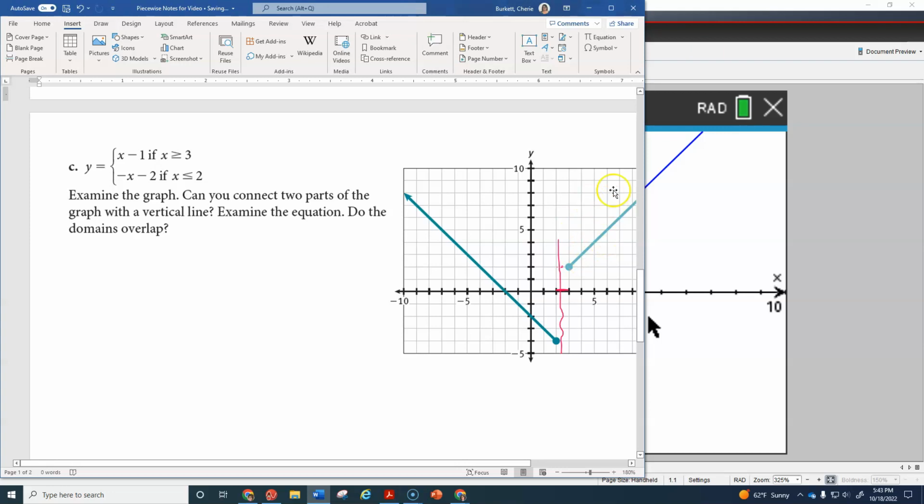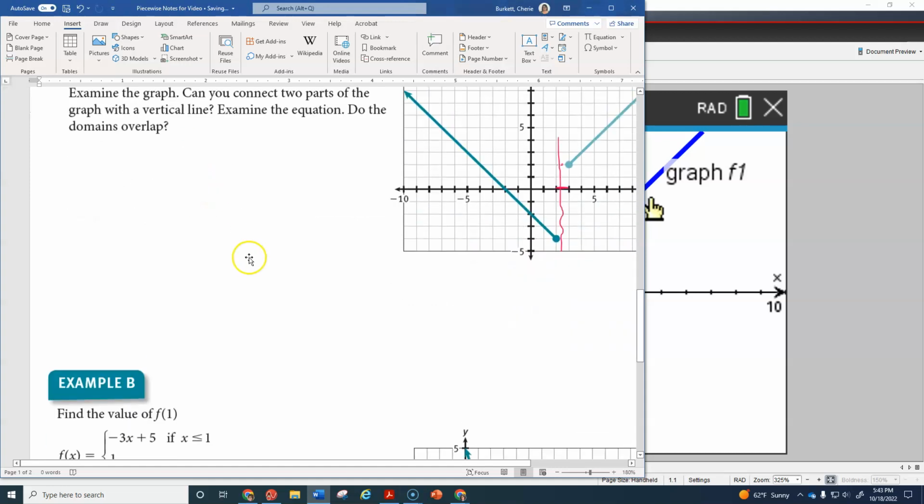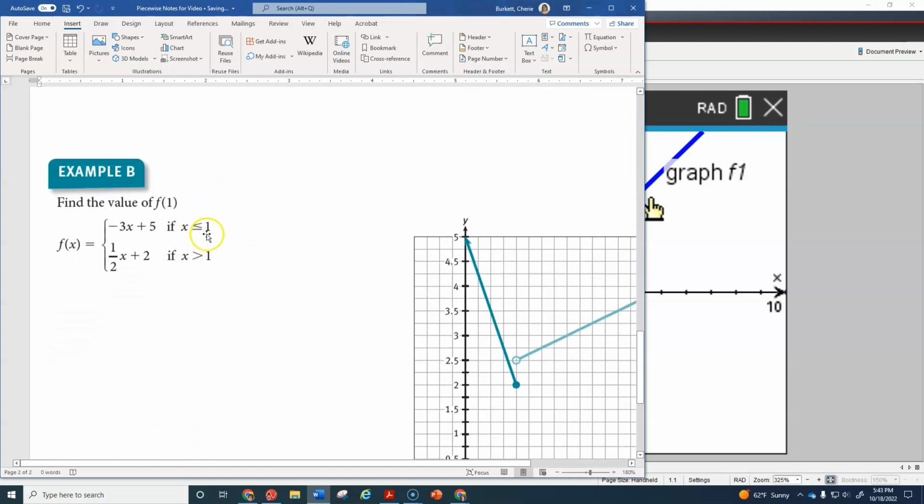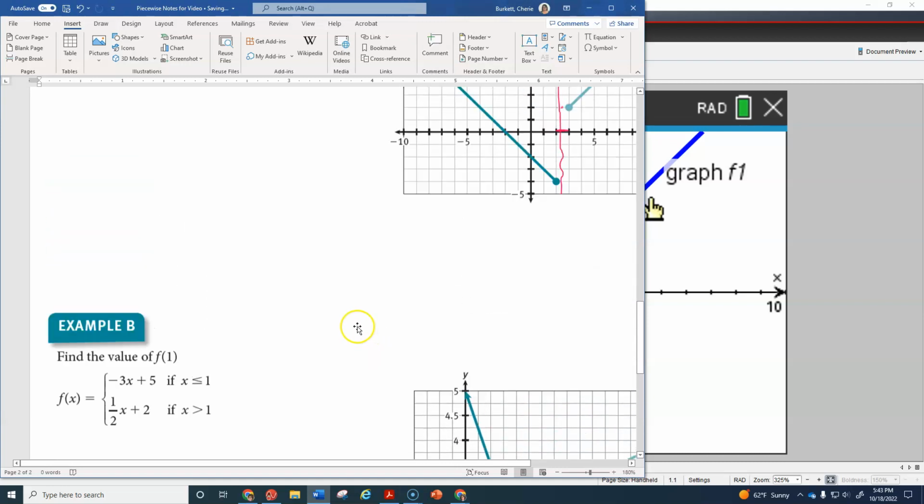All of the vertical lines over here are only going to intersect that branch. So this one is a function, even though it doesn't have the same number right there. But like I said, most of the time they do have the same number. On the end, one of them stops at the number, the other one starts at the number. And as long as one of them is open or they're both open, then it will be a function.